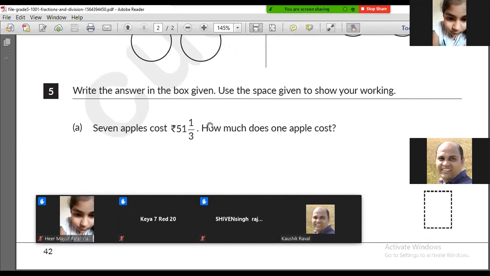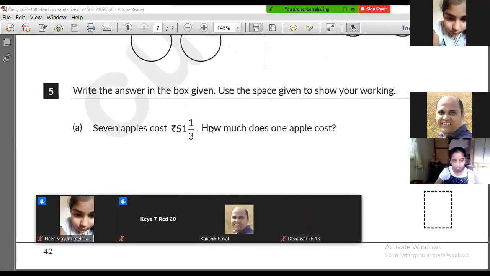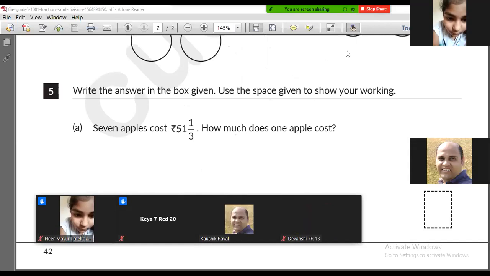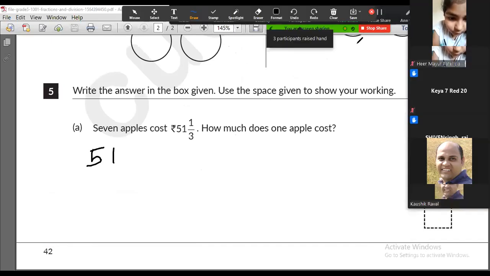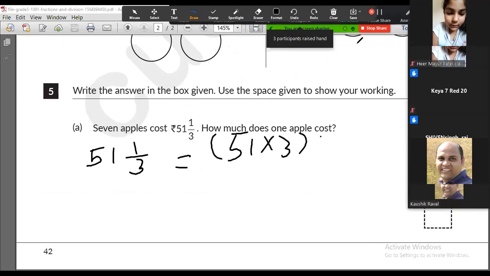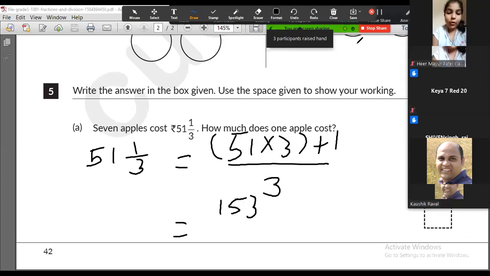7 apples cost rupees 51 and 1/3. Okay. So first of all, we will have to convert it into an improper fraction. That means 51 into 3 plus 1 upon 3. What will be the answer? 153 plus 1 upon 3.